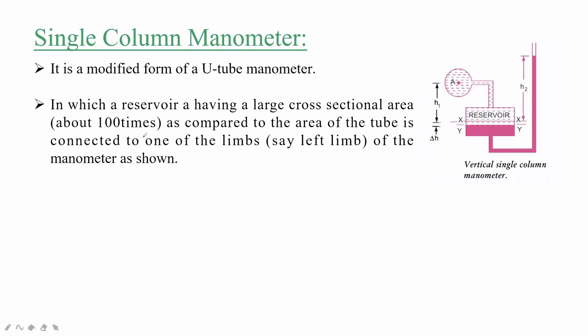It is about 100 times the area of the tube. So it is a big one, it is the reservoir. This reservoir is 100 times larger compared to the area of the tube, and is connected to one of the limbs of the manometer as shown.